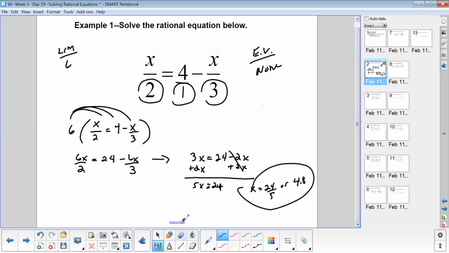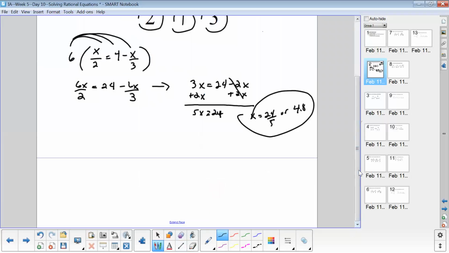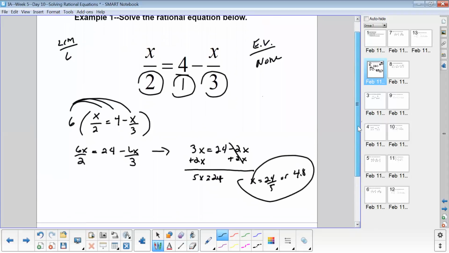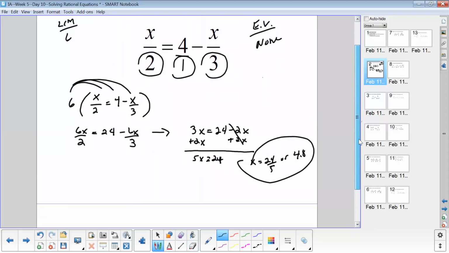Now, without an excluded value, we would always want to check to see, does the solution work? So we would take 4 8/10 divided by 2 equals 4 minus 4 8/10 divided by 3.